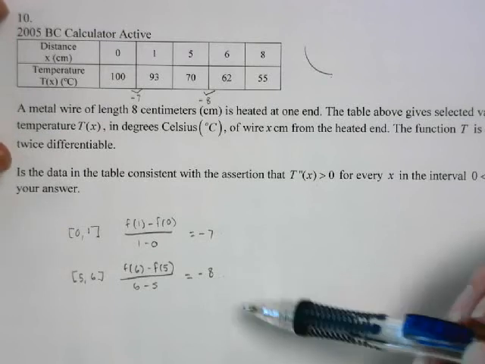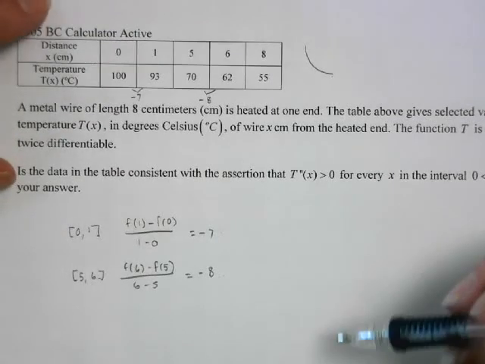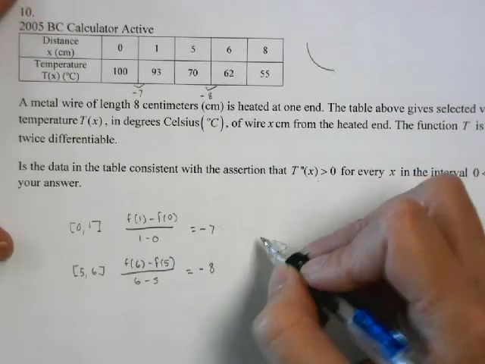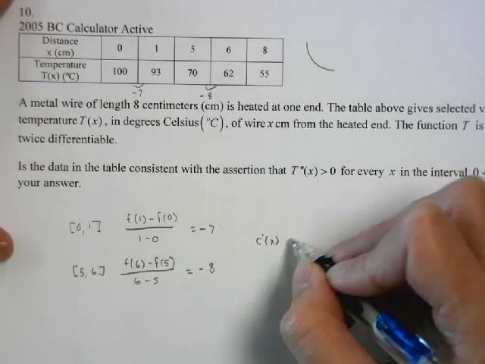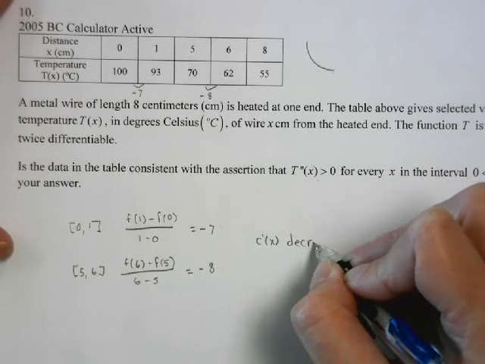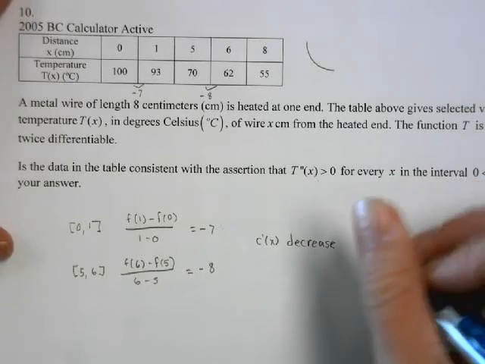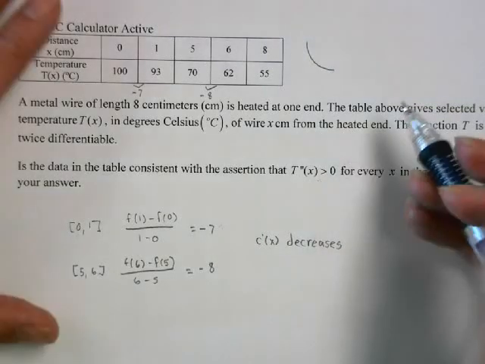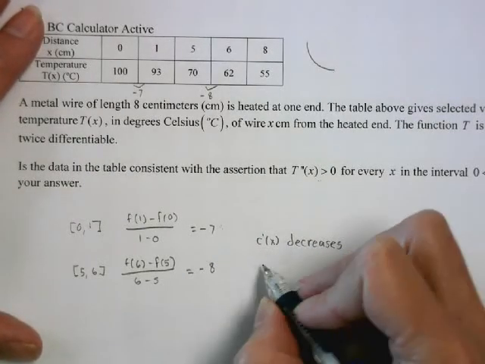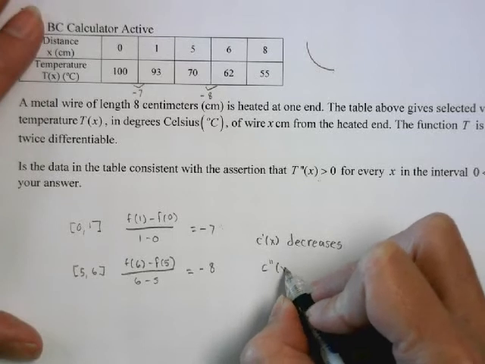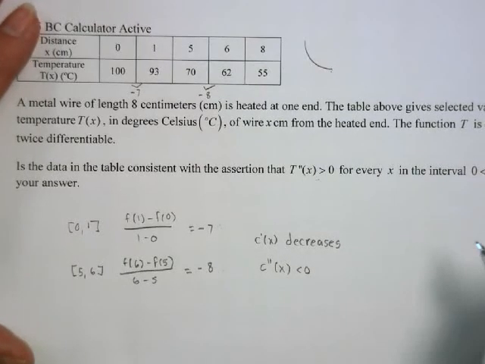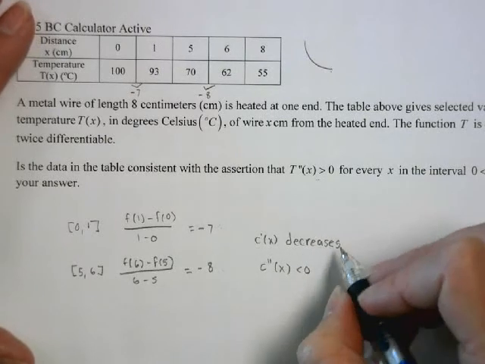So if the slopes are decreasing, that means the derivative has to be negative at some point. So I'm just going to say c prime of x decreases, and it only has to decrease at one location for this to fail. So if c prime decreases, then c prime of x has to be less than 0, because the derivative would be negative if this is decreasing.